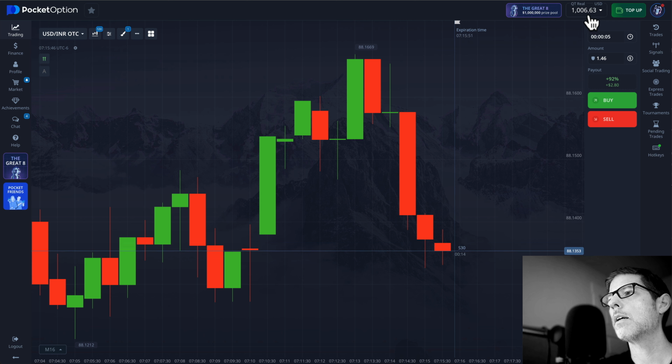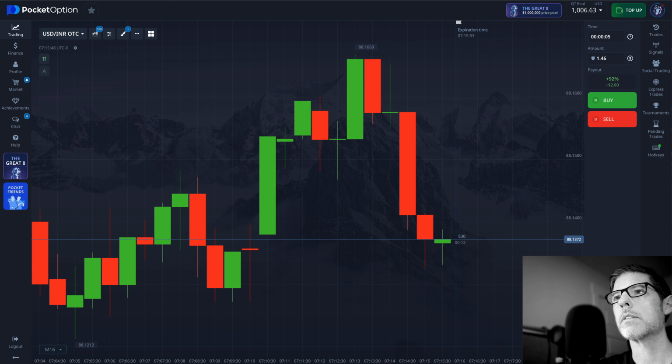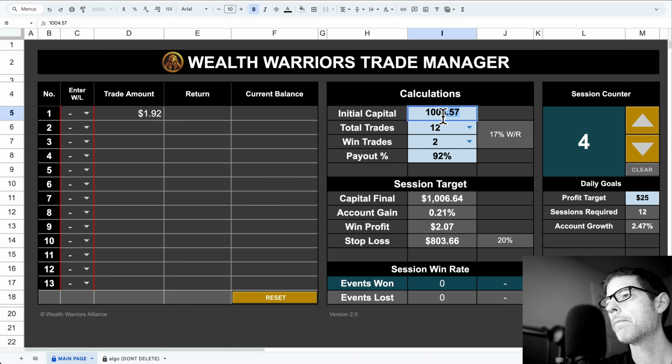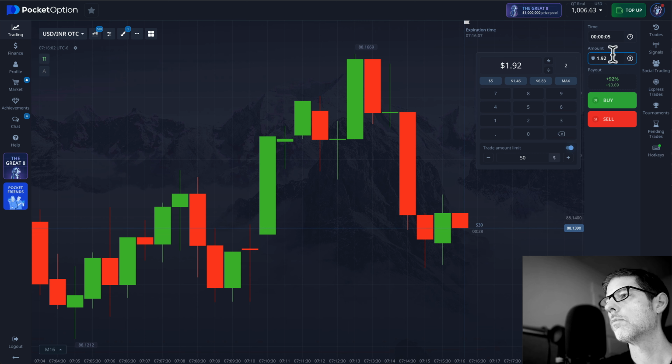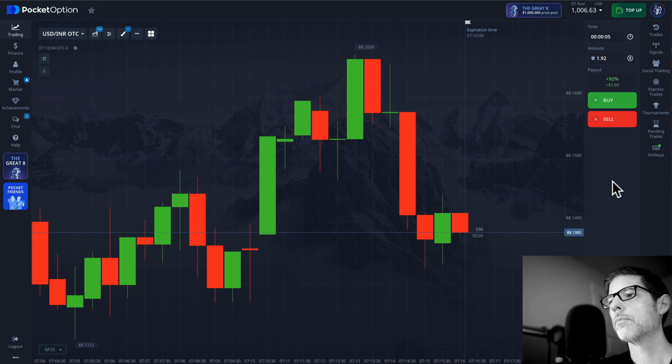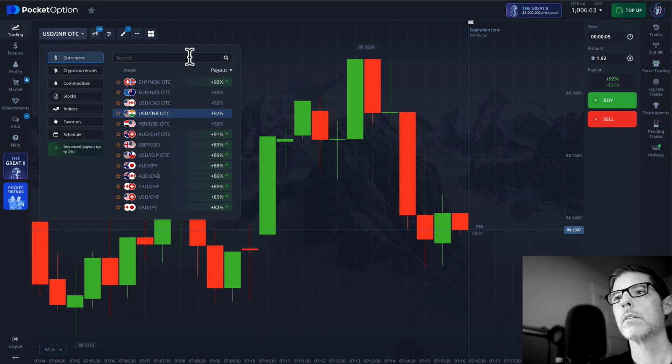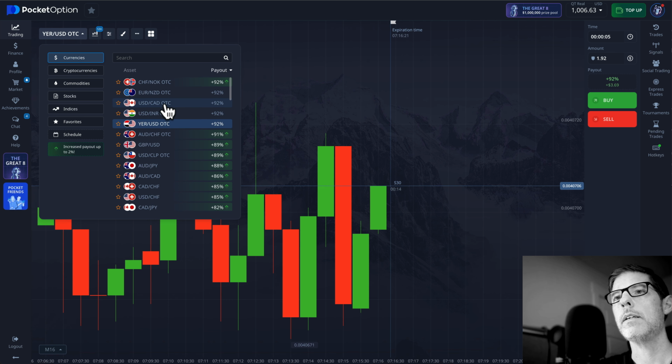Let's take the balance that we have, 1,663. And the trade amount is 192 for the first one here. Only 1, 2, 3, 4, 5 assets are at the 92% area.